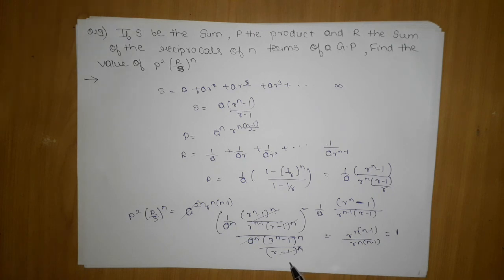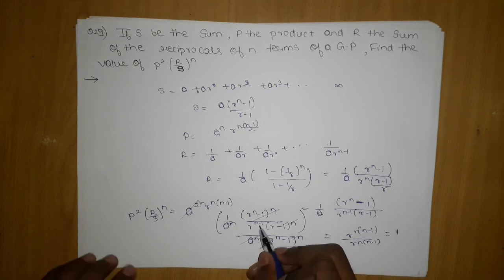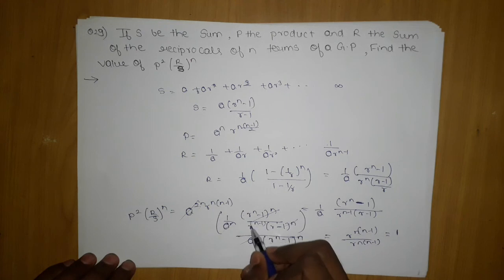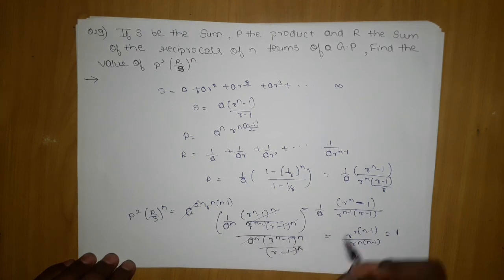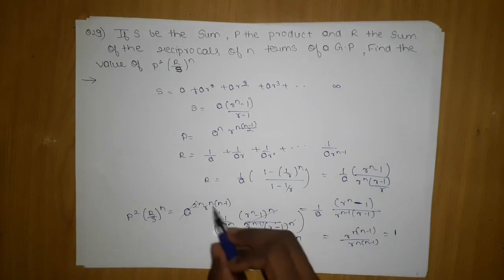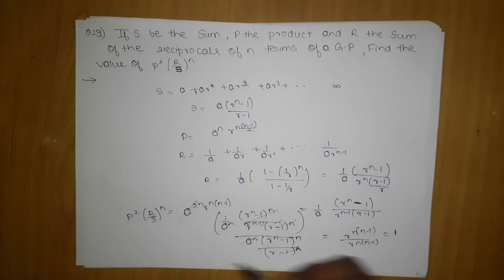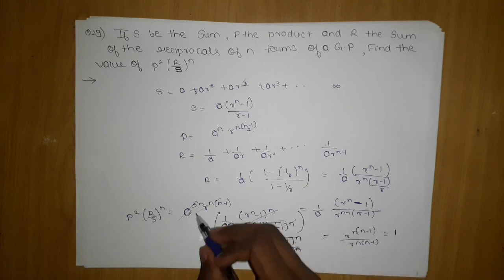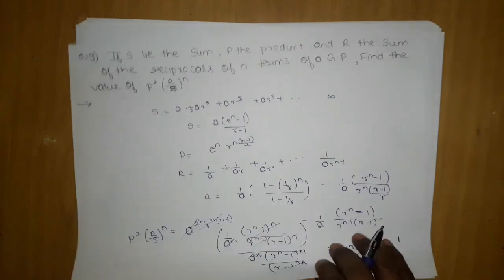This n will be multiplied with n into n minus 1 in this step, and the rest will all cancel out with each other and give me the answer 1. Now let's move on to the next question.